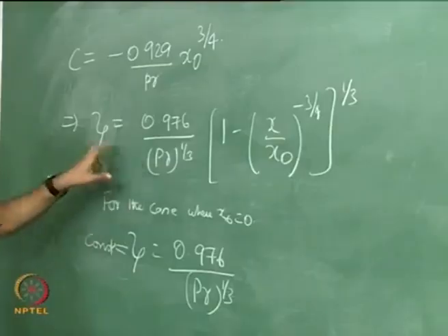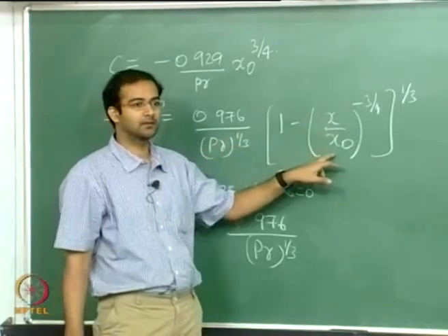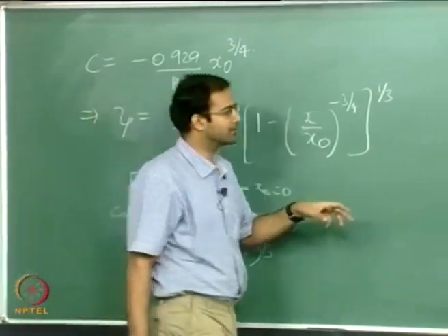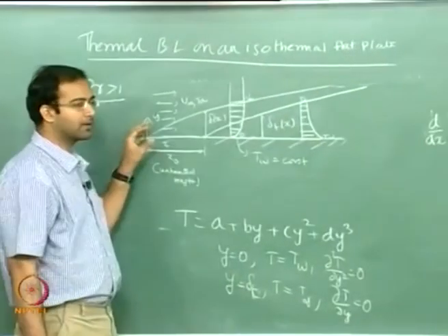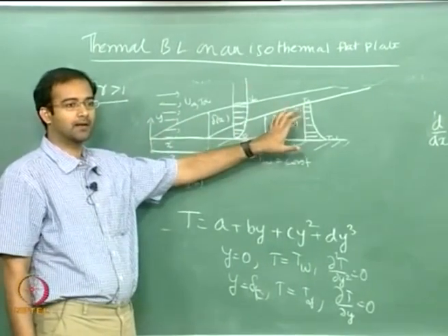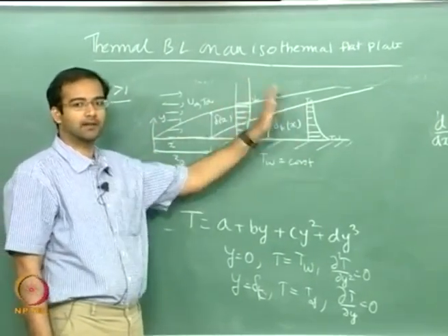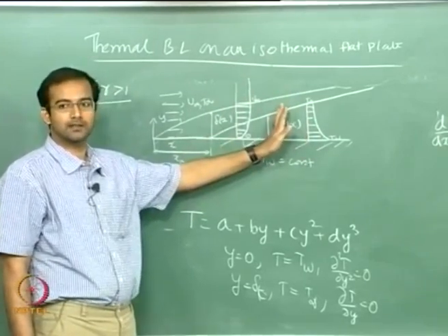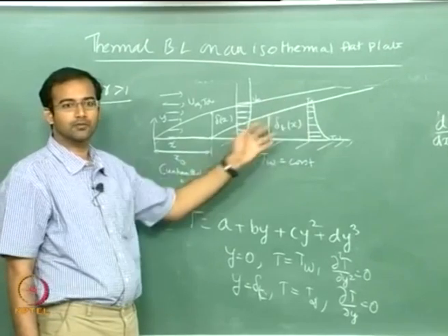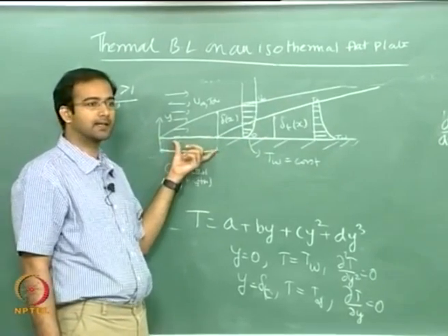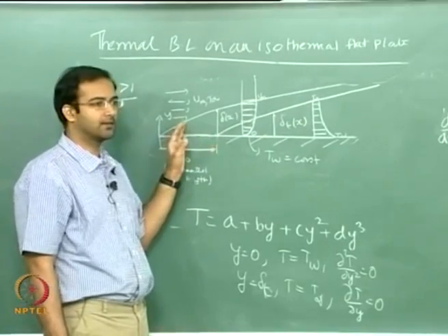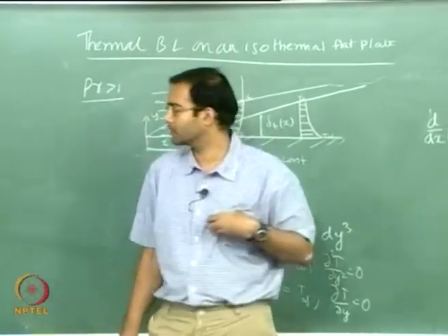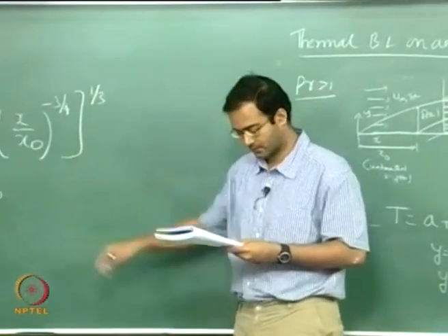If you have an unheated length, you can see zeta is also a function of position, correct, makes sense, right, because if you heat it right from the beginning, both the boundary layers grow according to the Prandtl number, and at any axial location, the ratio of the boundary layer thicknesses will be a constant, whereas if you maintain a starting length, heated length and unheated length, then at different locations the ratios will become different, okay. So that is what is coming out of these expressions.